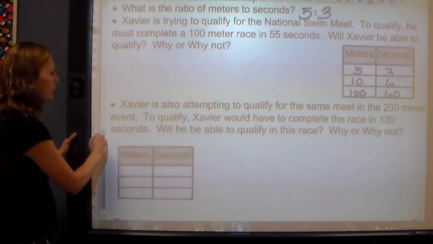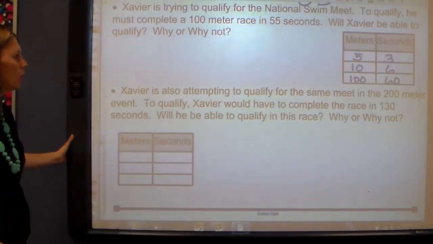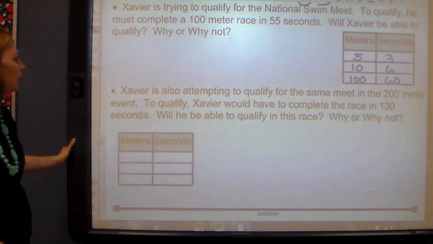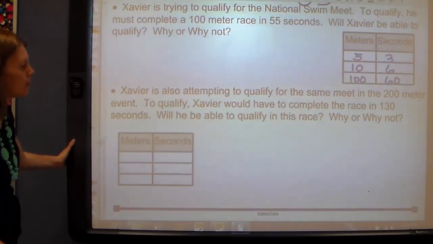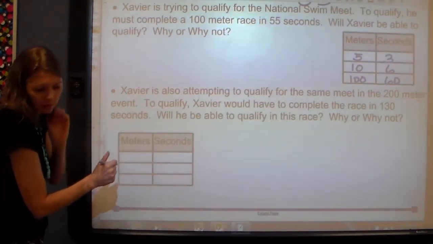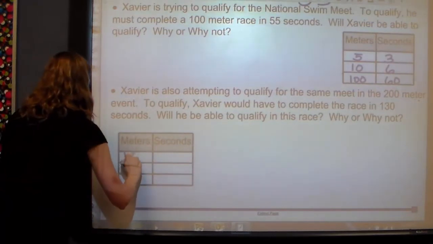Here's another question about Xavier. It says he's also attempting to qualify for the same meet in the 200-meter event. To qualify, Xavier would need to complete the race in 130 seconds. Will he be able to qualify in this race? So if we're using the same ratio, I can put 100 meters to 60.